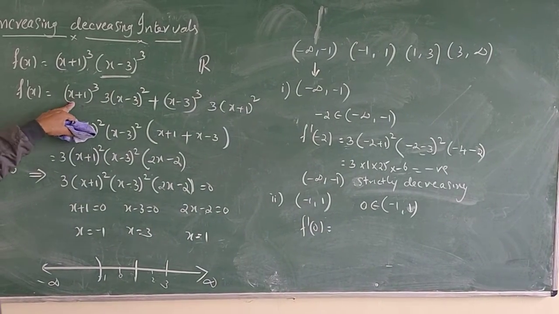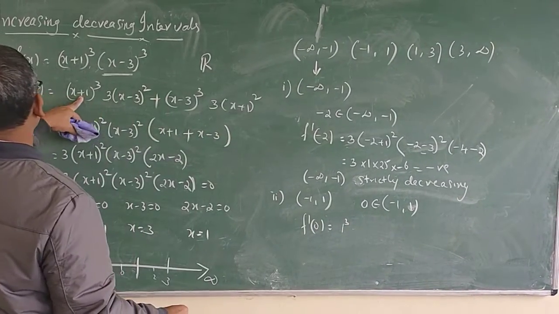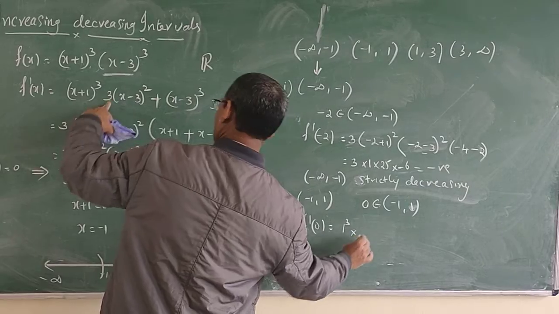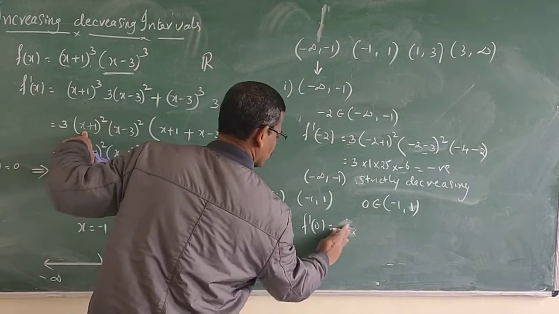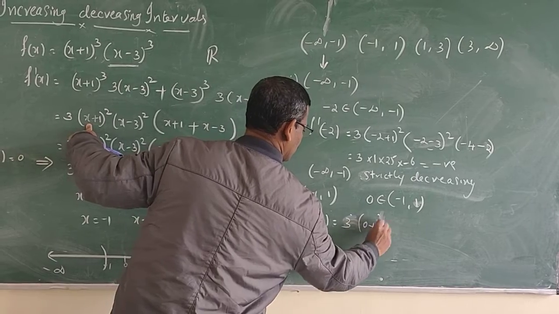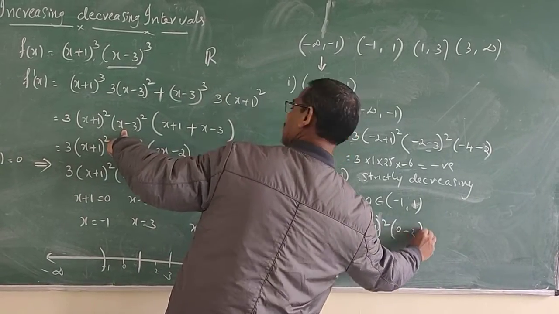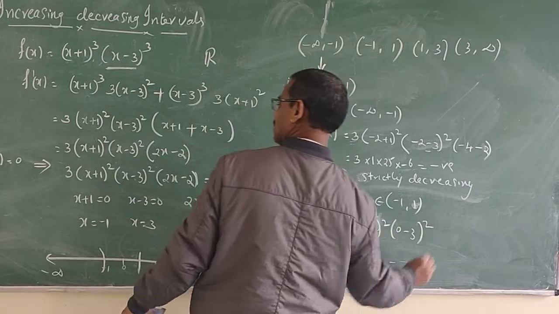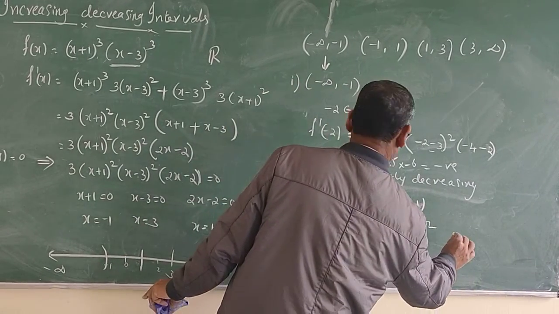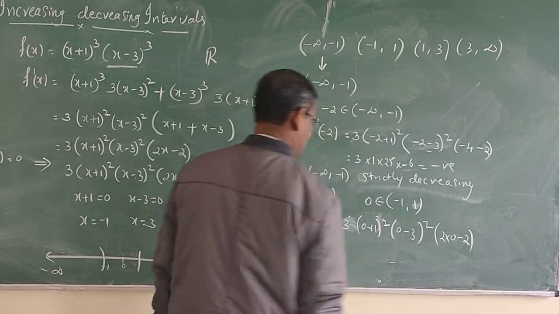We have to check here: 3(0 + 1)^2, then (0 - 3)^2, then 2 times 0 - 2.